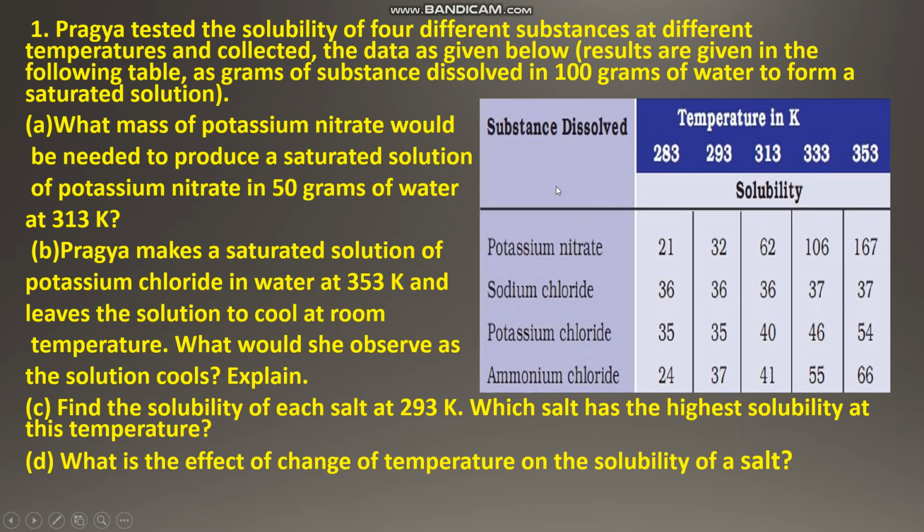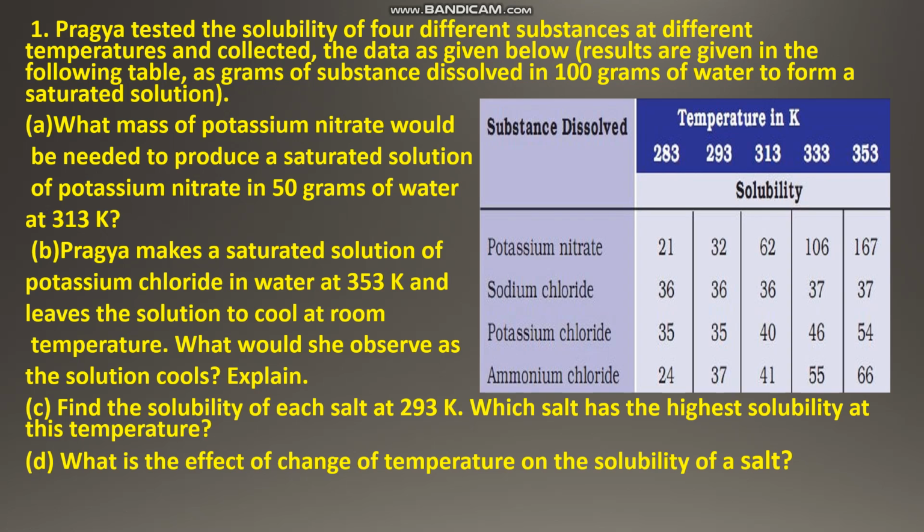So based on this table, here a few questions are asked. Let us try to answer these questions. First one, what mass of potassium nitrate would be needed to produce a saturated solution of potassium nitrate in 50 grams of water at 313 Kelvin?